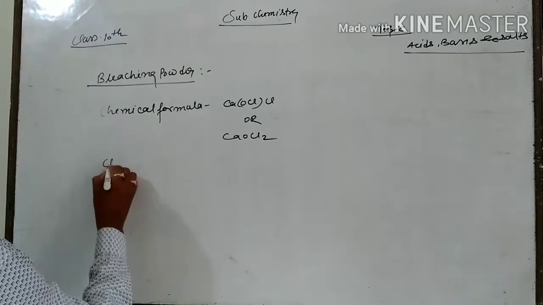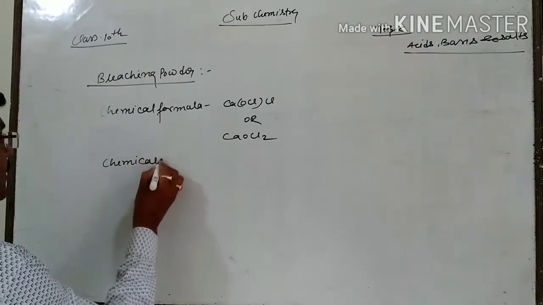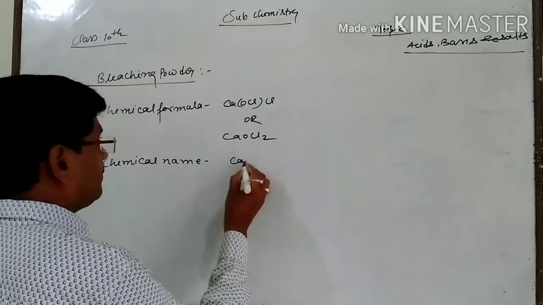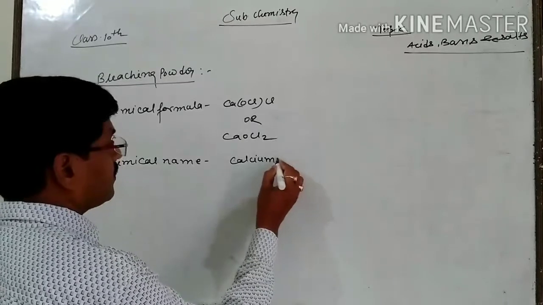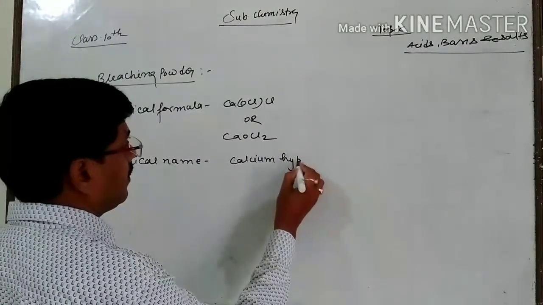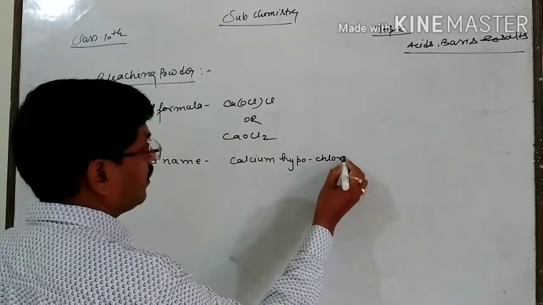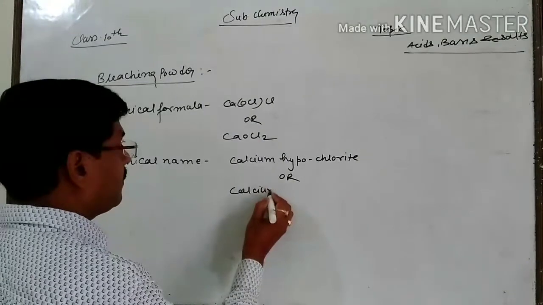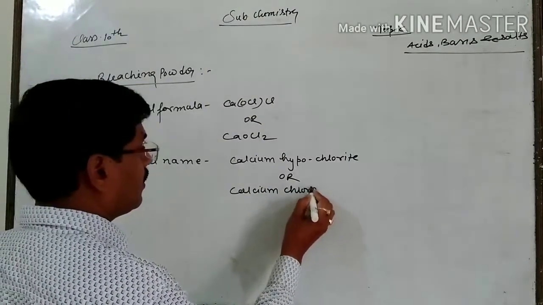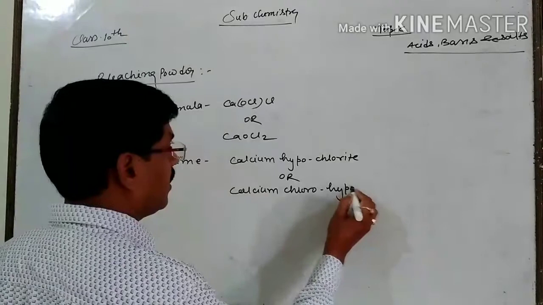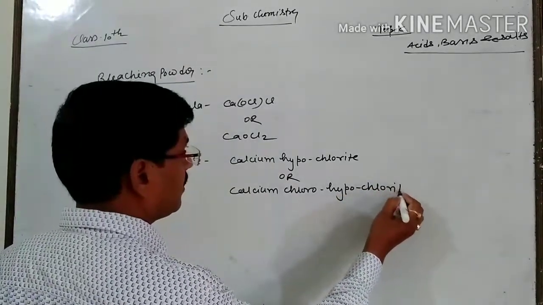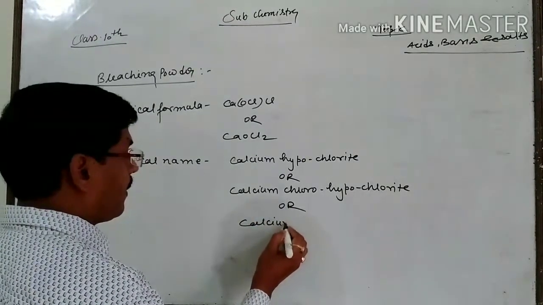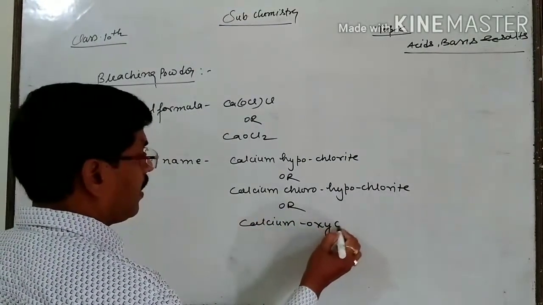Chemical name: calcium hypochlorite, or calcium chlorohypochlorite, or calcium oxychloride.